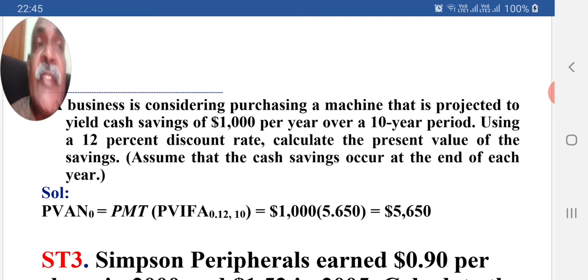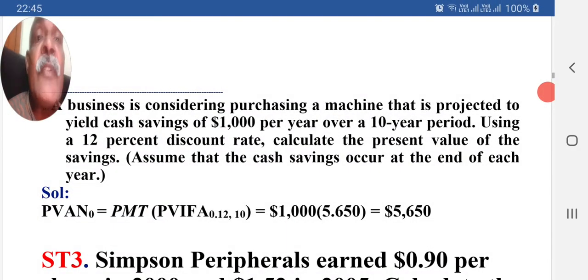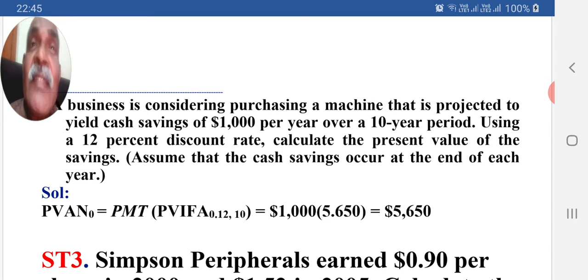It means if you purchase the machine and the machine is giving you 1000 rupees every year for 10 years and the discounting rate is 12%, how much amount will you invest today for the purchase of the machine, so that the machine will give you savings of 1000 every year for 10 years. Very easy. This is the case of annuity, which I discussed in my previous class.